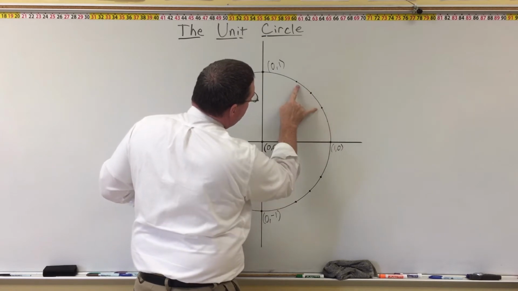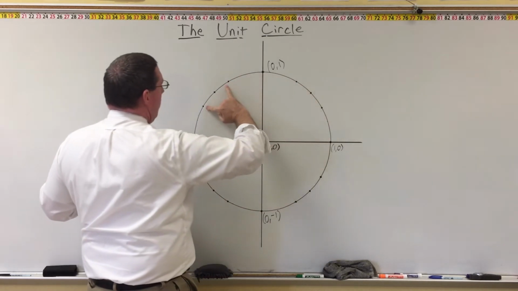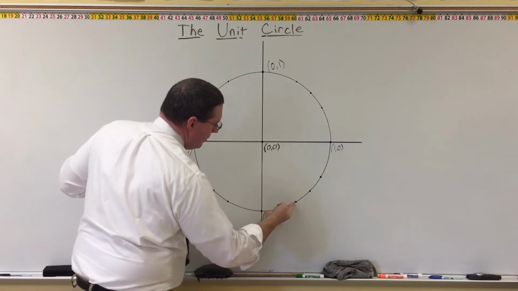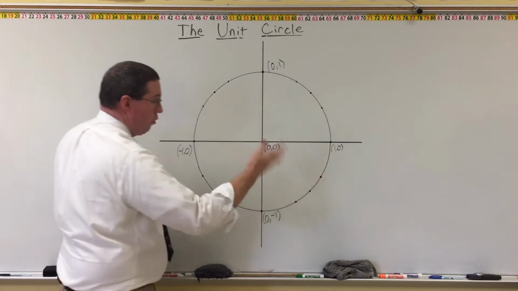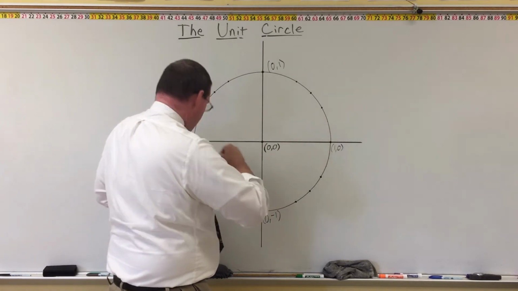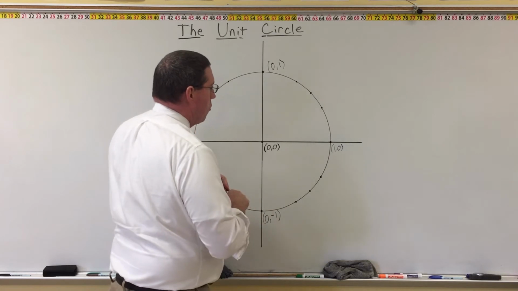So that's 1, 2, 3, 4, 5, 6, 7, 8, 9, 10, 11, 12, right? That's 12 pieces. This is 1 of 12, right? And so that's 1/12.